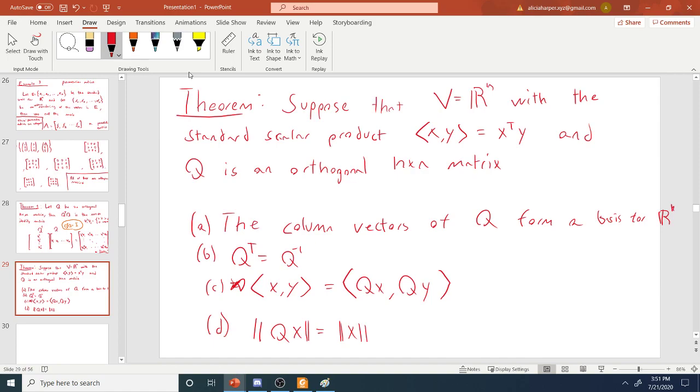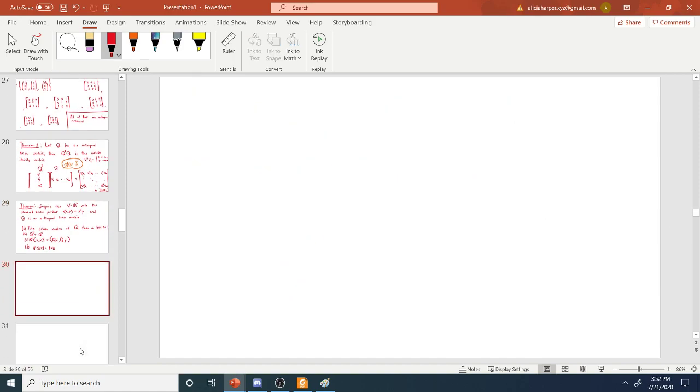So A essentially follows from definition. Let's look at B. Well, here's what we know. Since Q transpose Q is equal to the identity matrix, and I'll specify that this is the n by n identity matrix, we can multiply both sides of this equation on the left by Q inverse.